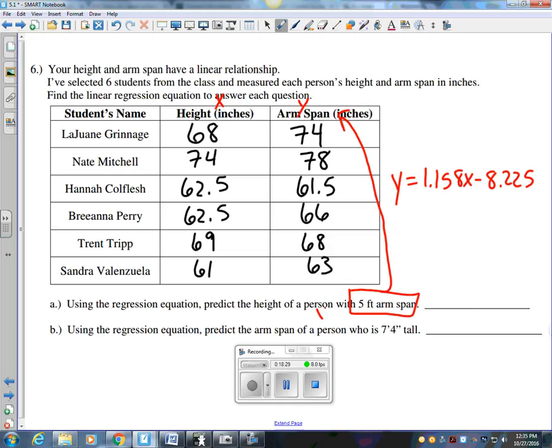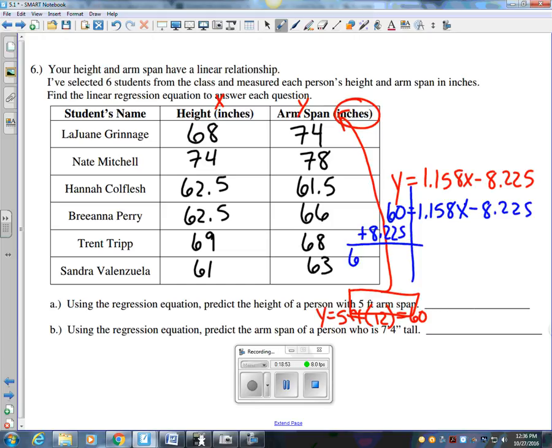So Y is 5 foot. The problem is it needs to be in inches. So 5 feet, multiply that by 12, and you get 60. And we're going to plug that in for Y. So 60 equals 1.158x minus 8.225. You got to solve that. So you got to add 8.225 and then divide by both sides.